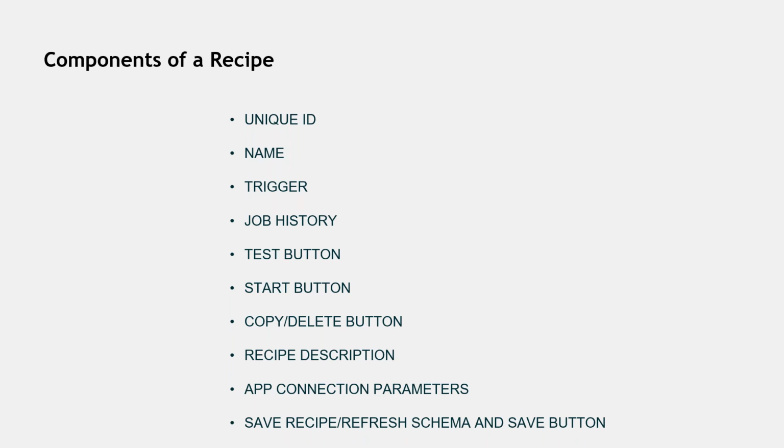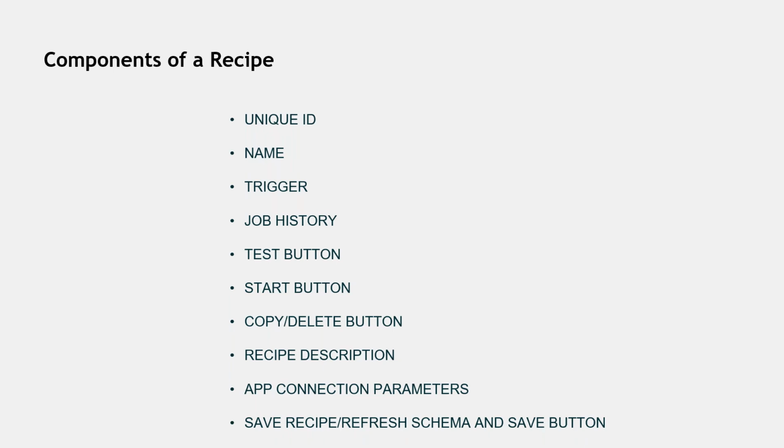And we have the test button that sends the latest job into the recipe to be processed. We have the start button, which starts the recipe, and once it is started, you can stop it as well. Copy or delete button, which creates a copy of the recipe or deletes it completely.